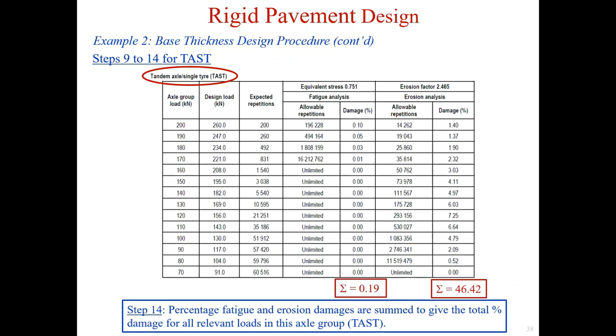The previous slide is to run steps 9 to 14 to get the total damage for axial group SASD. This slide is to repeat steps 9 to 14 for TASD. The percentage of total fatigue and erosion damage are summed as 0.19% and 46.42% for this TASD axial group.